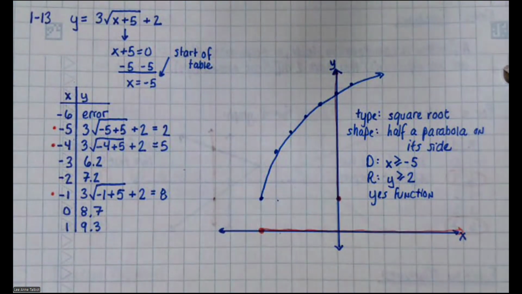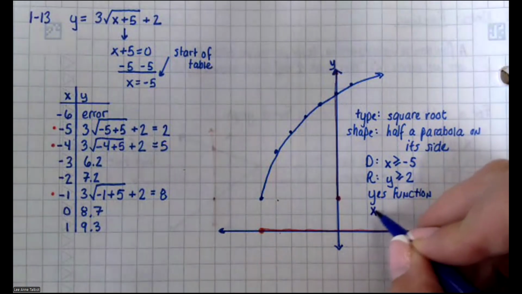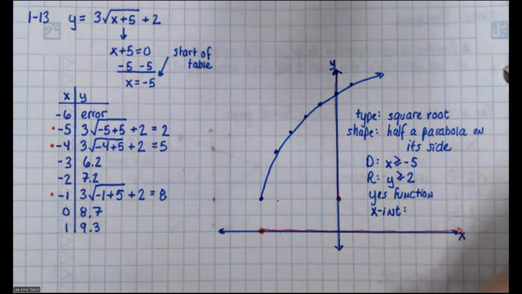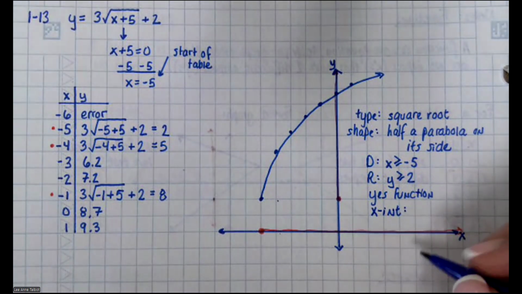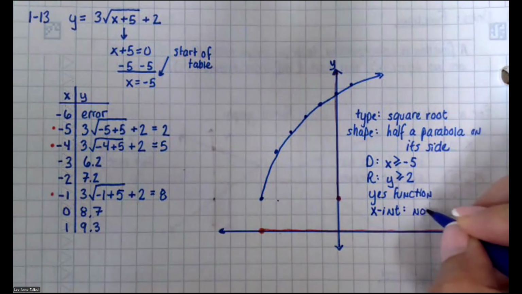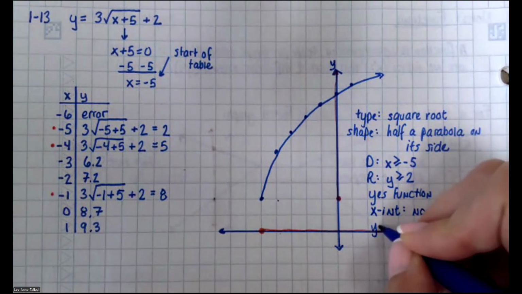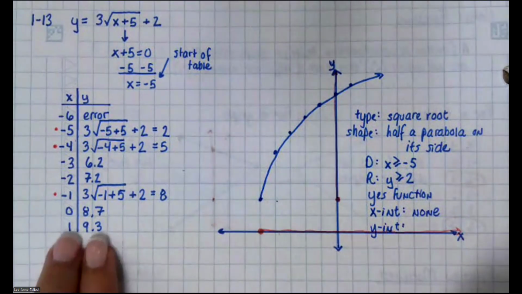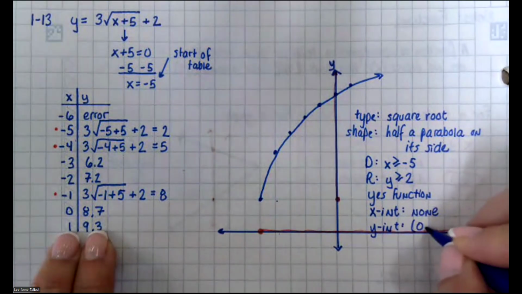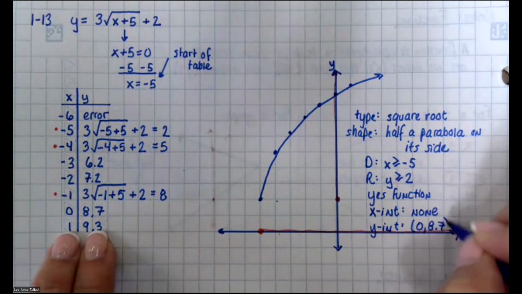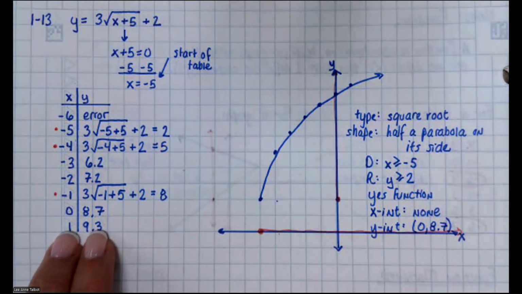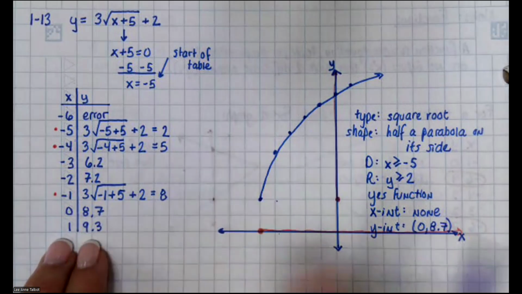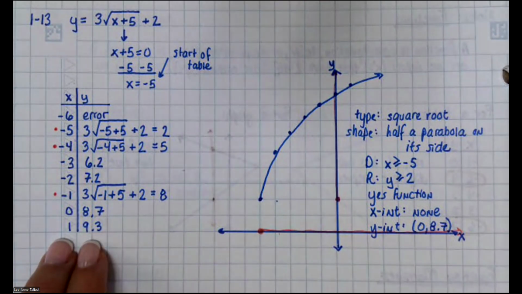Okay, we have a couple more things. What is the x-intercept? It's actually a trick question. There isn't one. What's the y-intercept? Yes, (0, 8.7). So when you do your problem on the graphing calculator, make sure that your table goes all the way to 0 so that you can put your y-intercept.